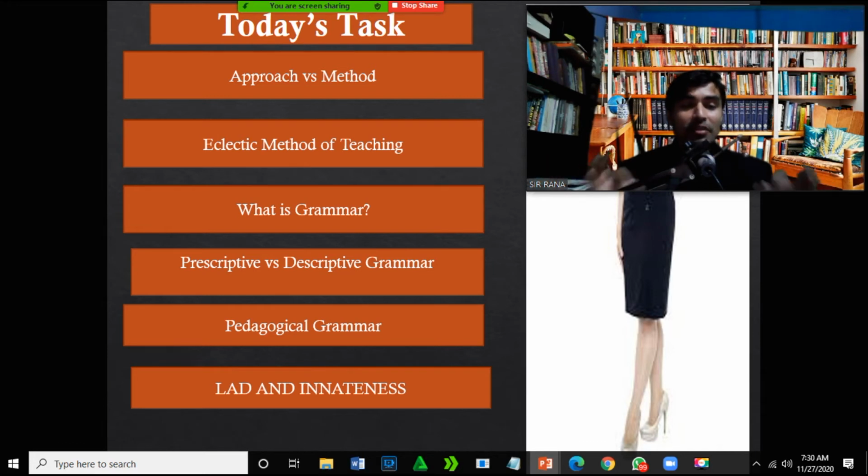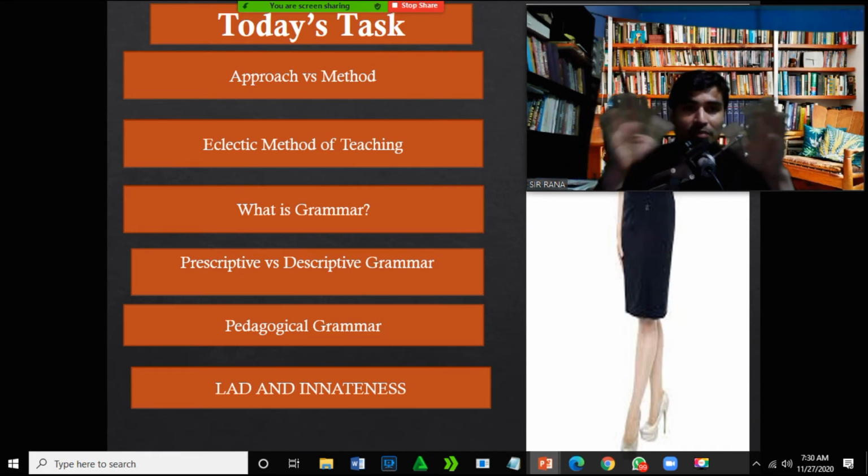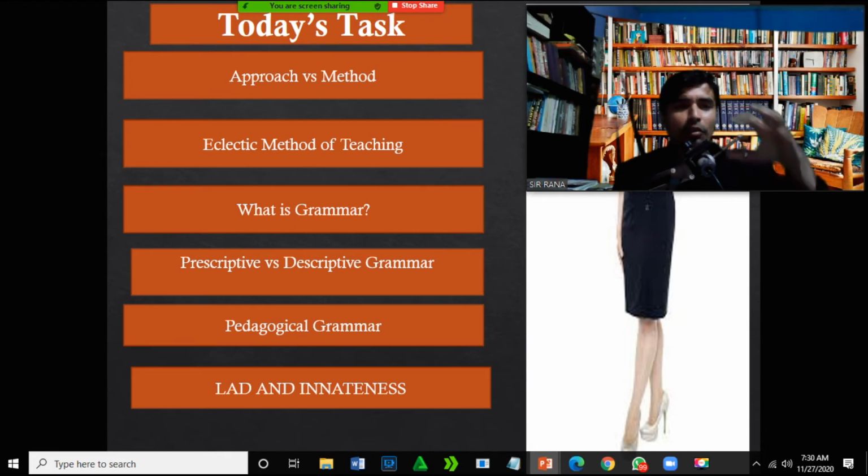So he rejected the behaviorist theory, because it was not fulfilling the overall paradigms, the overall spectrum of learning language. So he rejected it, and he has given his own theory.